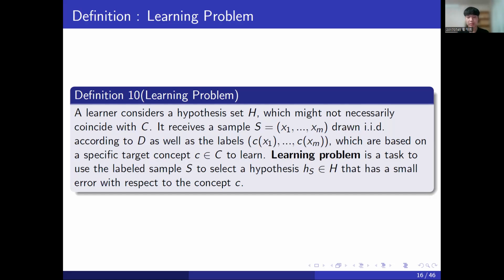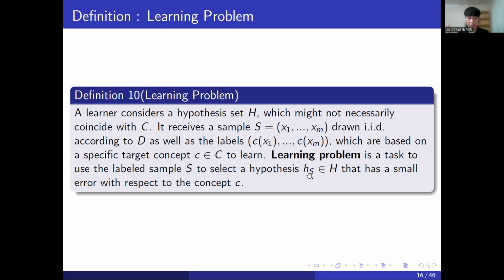It receives a sample S drawn independently and identically distributed according to distribution D, as well as the labels c(x1) to c(xm), which are based on a specific target concept c in C to learn. A learning problem is a task to use the labeled sample S to select a hypothesis h_S in H that has a small error with respect to the concept c.